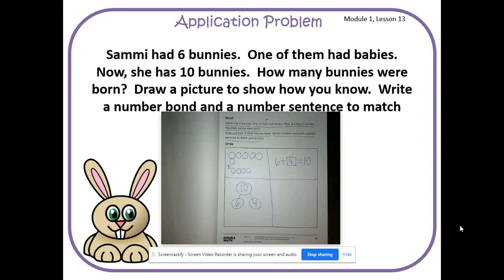I write, you write, remember. And now let's write a statement. It says, how many babies were born? Well, we can write, there were 4 babies born.